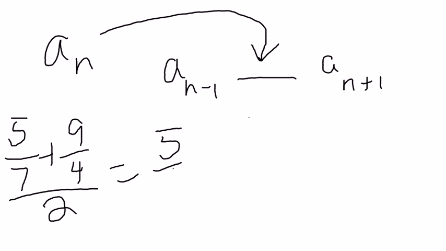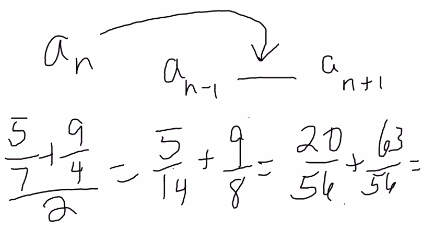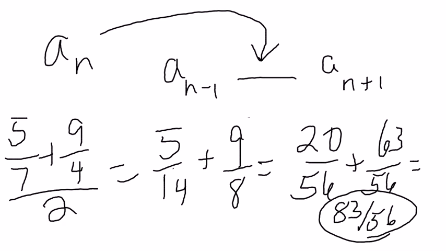So you get 5 over 14 plus 9 over 8, because I just divided by 2, I multiplied the denominator by 2 essentially, and that's going to equal 20 over 56 plus 63 over 56, and whatever that answer is, is my answer. 83 over 56 is my arithmetic mean of those two numbers. So 83/56 would go between those two numbers. I'll put it right down here between those two.